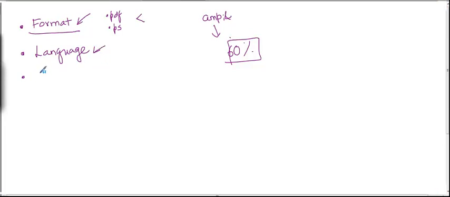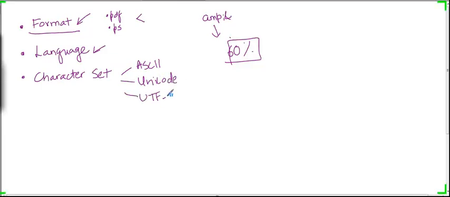And then what character set is being used by the documents in your corpus. You can have ASCII, you can have Unicode, you can have something like UTF-8, and there are many others.